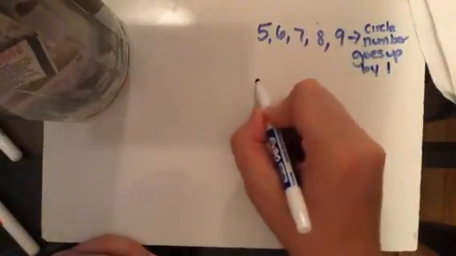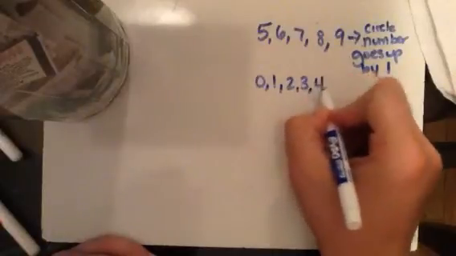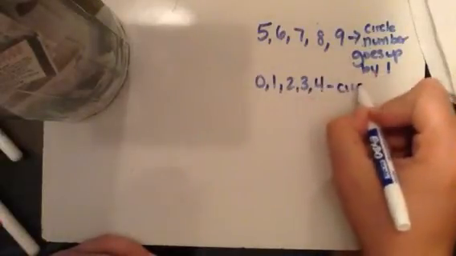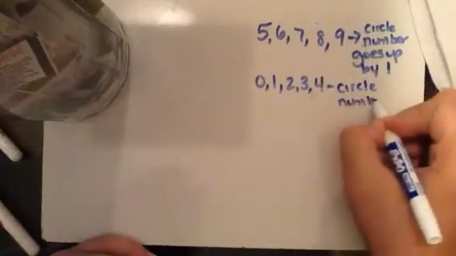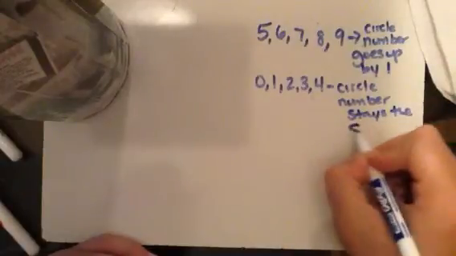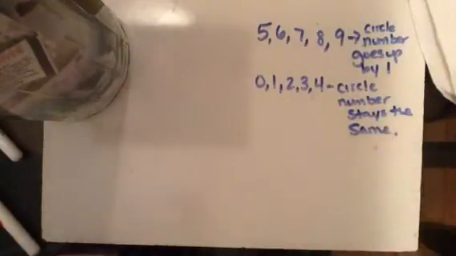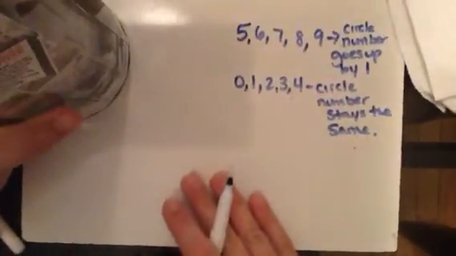And then we have 0, 1, 2, 3, 4: the circle number stays the same. Make sure you can all see that.